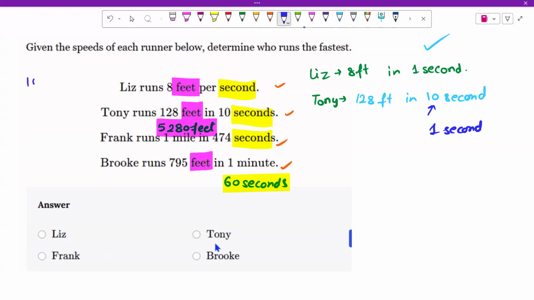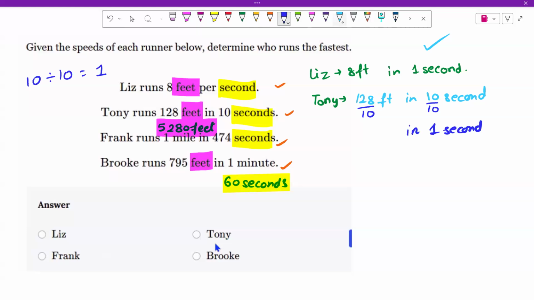Divide with what? 10. But whatever we are doing to one side, we also have to do to the other side.